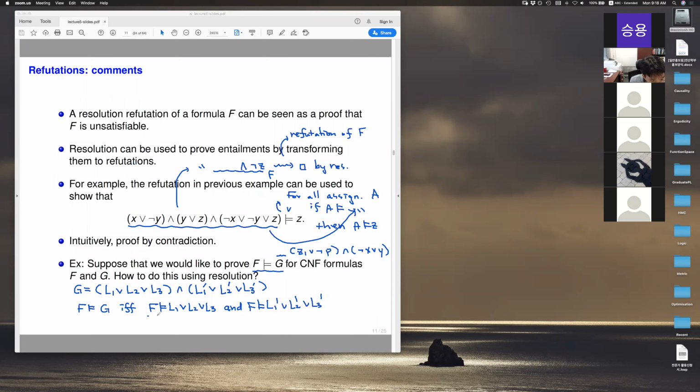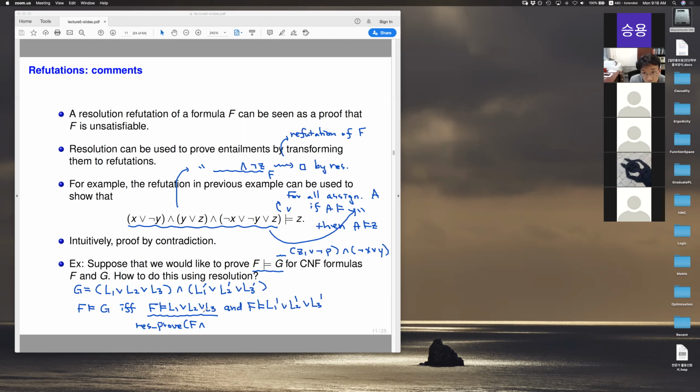To check this, we can invoke the resolution prover. So let's say res proof with F extended with the negation of this entire thing. By De Morgan's law, the negation is a conjunction of literals.